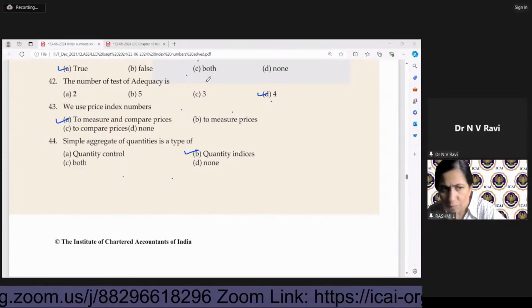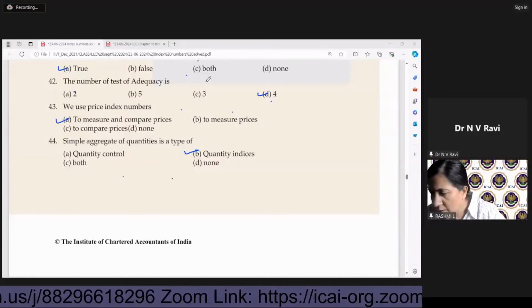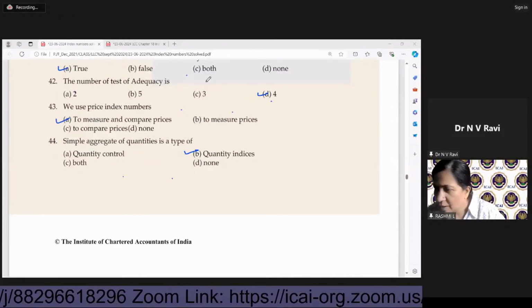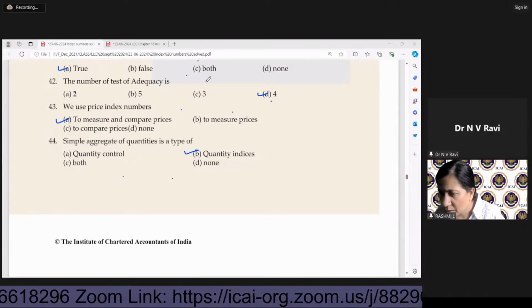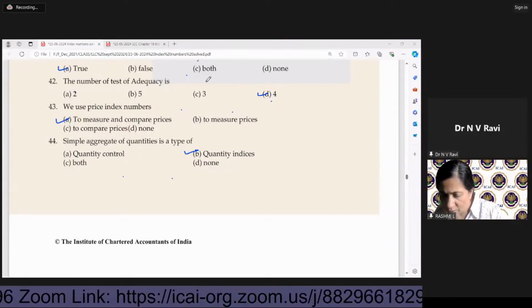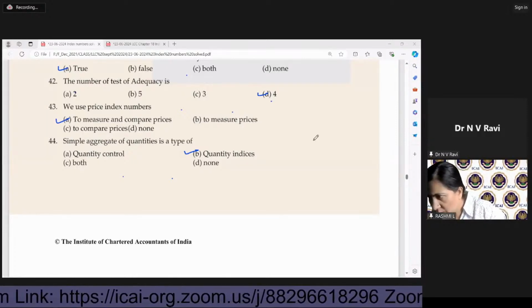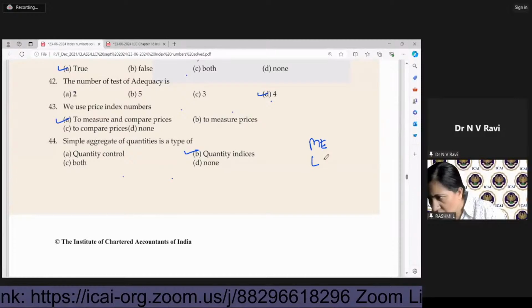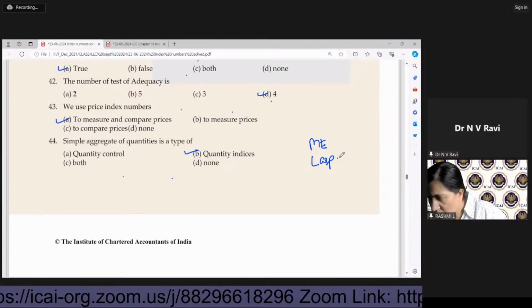Is it audible or not? Yes, now it is very audible. My question is, suppose in the question the Marshall-Edgeworth index number is given, and the Laspeyres index also given. From this, can you find out Paasche's index number or not?